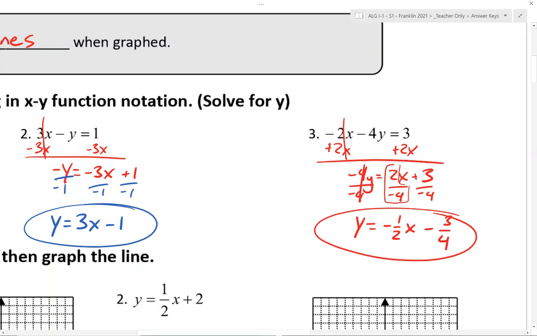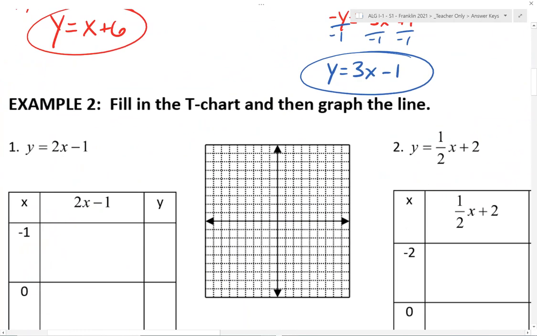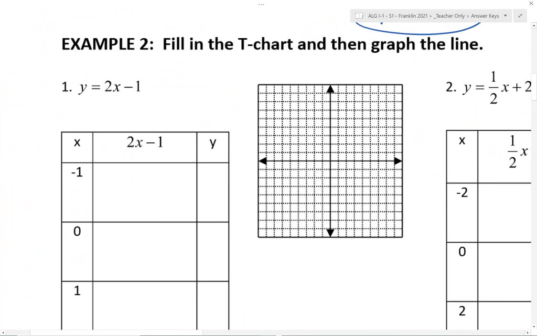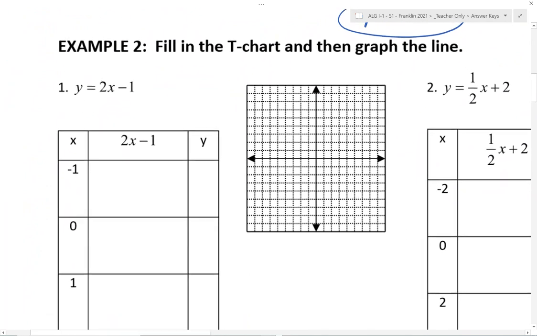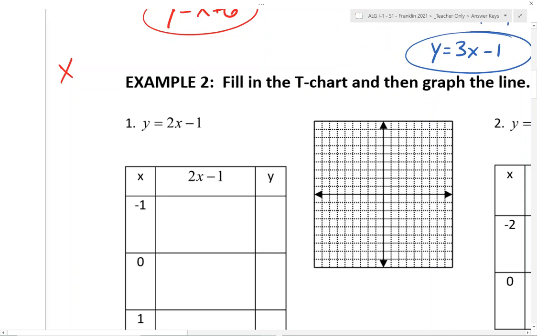Okay, so if your equation is not solved for y, if it's not in xy function notation, when you're using a T-chart, you'll have to get it into that notation first. Okay, let's practice actually using T-charts or just a table. They're called T-charts because at the very simplest, you make a T and fill in x, y in your numbers.